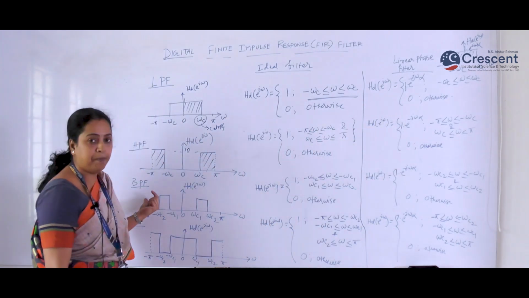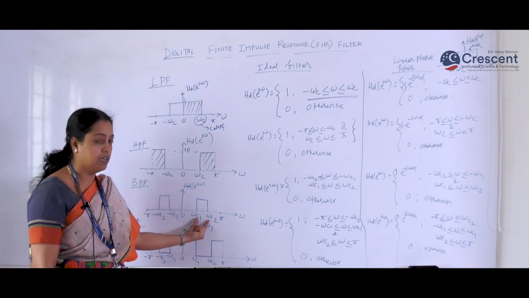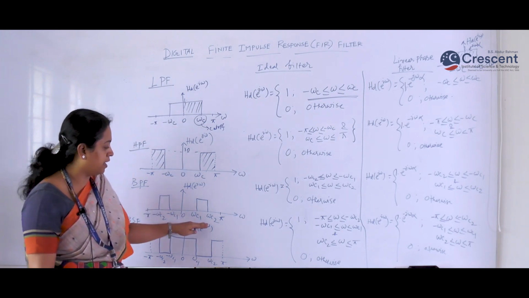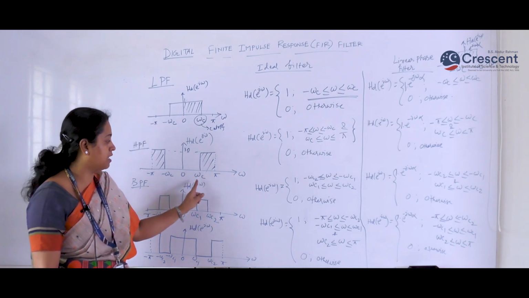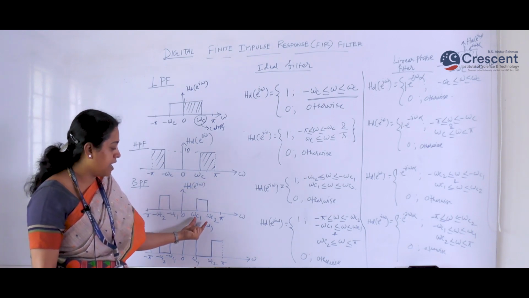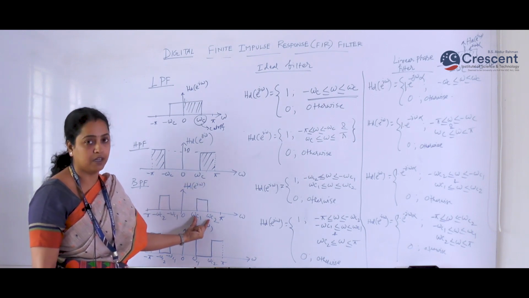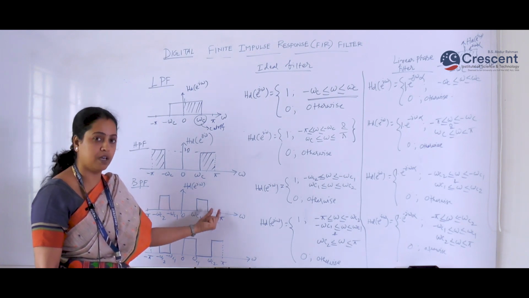Now coming to the band pass filter, it passes a band of frequencies. Now you can see that both look similar but not the same. In case of high pass filter, the range of frequencies is from omega c to pi, but here a band of frequencies is passed, and outside of it the frequencies are blocked.